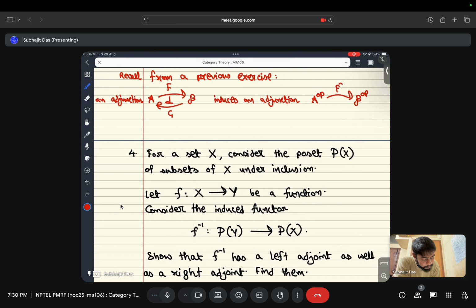This is F op, this is G op, but now F op becomes the right adjoint. Okay.